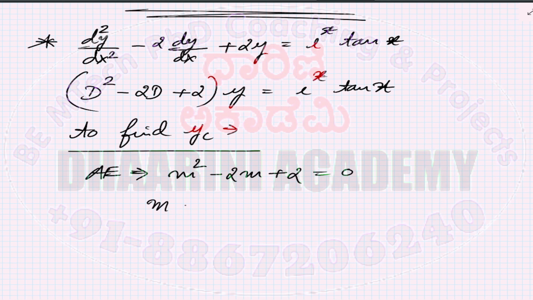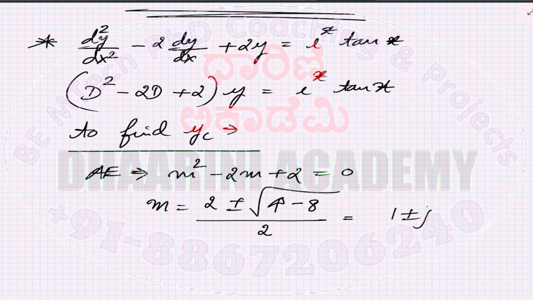So m is equal to minus of b, that is 2, plus or minus root of b squared minus 4 times, divided by 2. Okay, so this is equal to 1 plus or minus j. So root of 4 is 2, 2 by 2 is 1. So 1 plus or minus j is the answer.